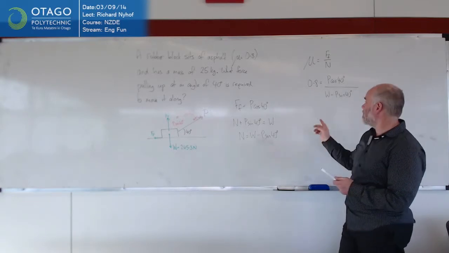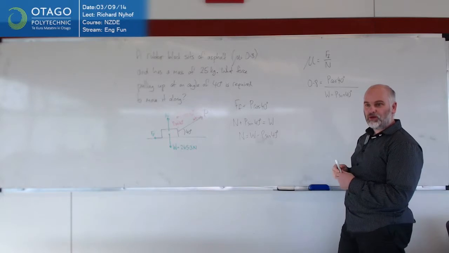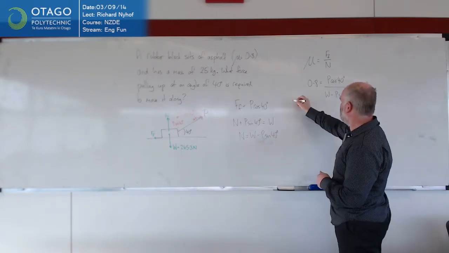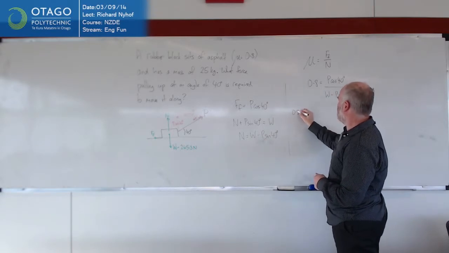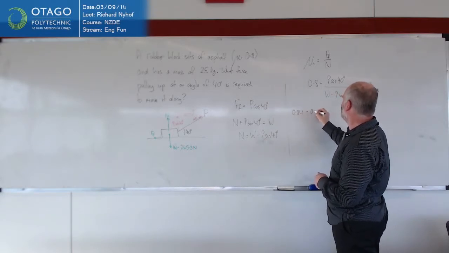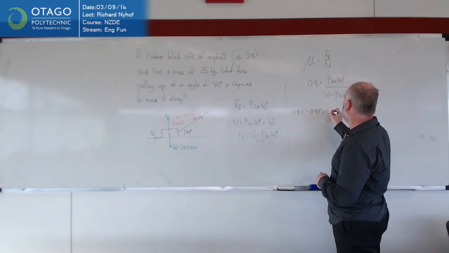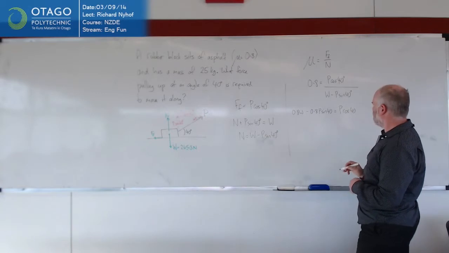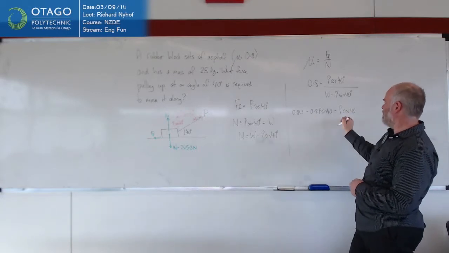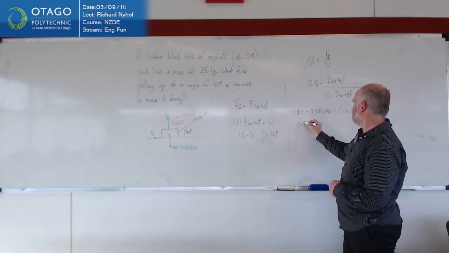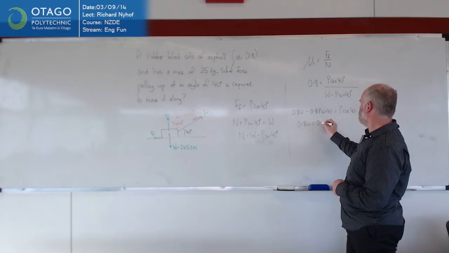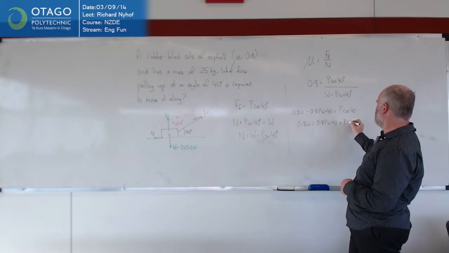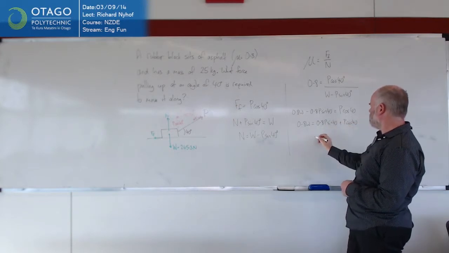So a little bit of rearranging to get P by itself, and we should be able to do it. So let's pop that up on that side. So we get 0.8 W minus 0.8 P sine 40 equals P cos 40. Let's get both the P's on the same side. So 0.8 W equals 0.8 P sine 40 plus P cos 40.